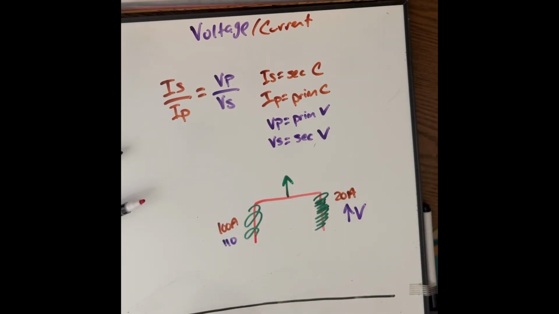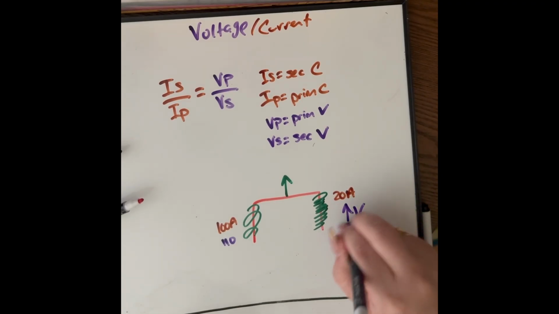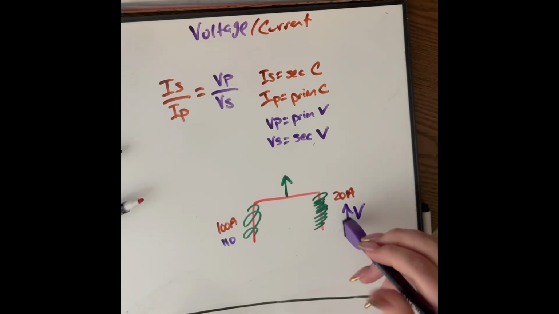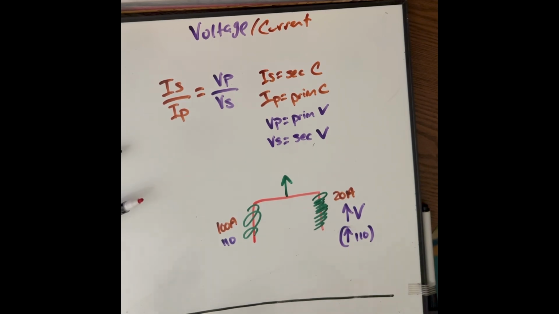The initial voltage they gave us was 110. So I'm going to be looking for a number that is higher than 110. That's the first thing I'm thinking: okay, it's a step-up transformer.